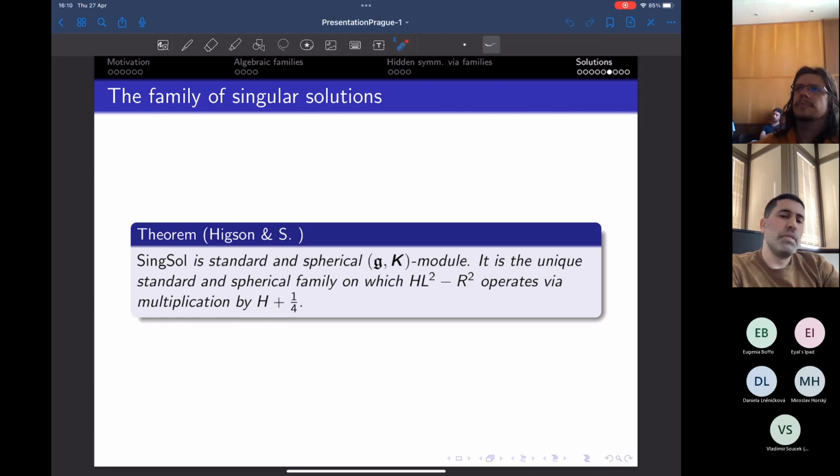Contractions are some limits of Lie algebras, Lie groups in physics, which you can also use this language to describe. And you can think of familiar cases, like the correspondence principle.